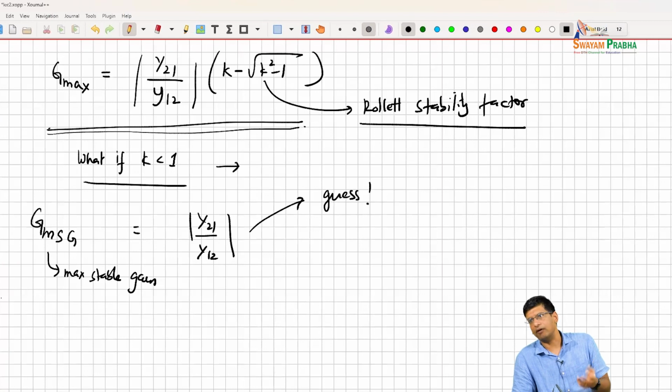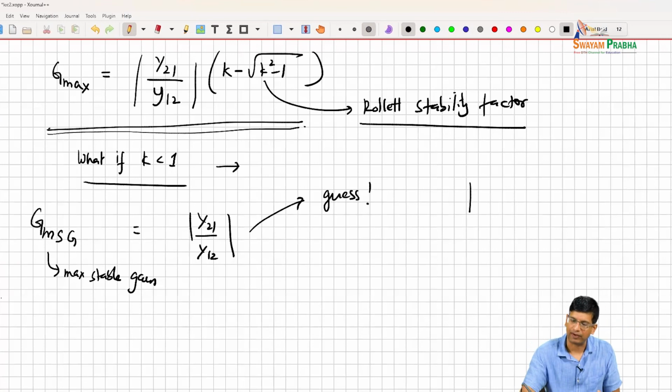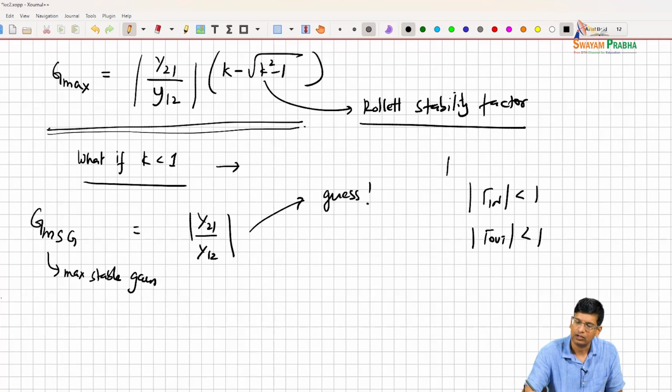So what do I have to do? I have to search through all possible gamma S and gamma L. There might be some gamma S, gamma L combination where I satisfy the conditions that gamma in is less than 1 and gamma out is less than 1.